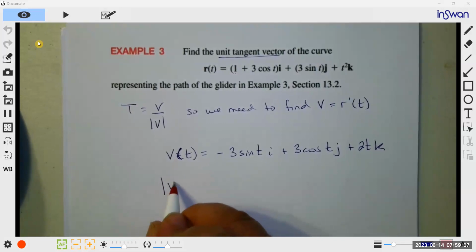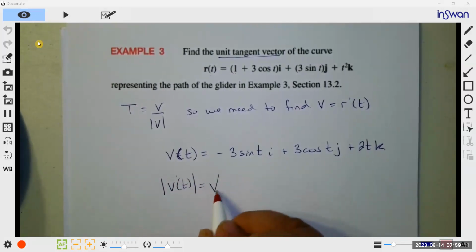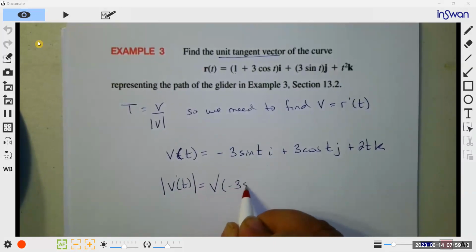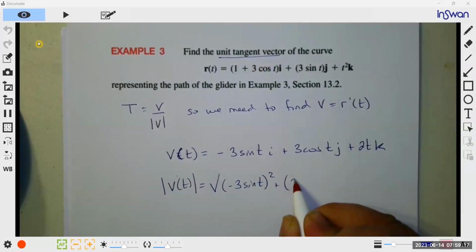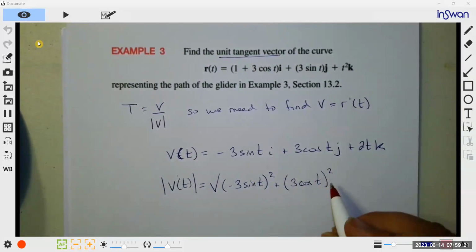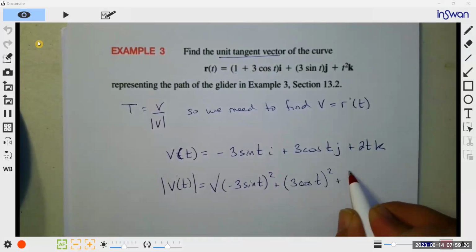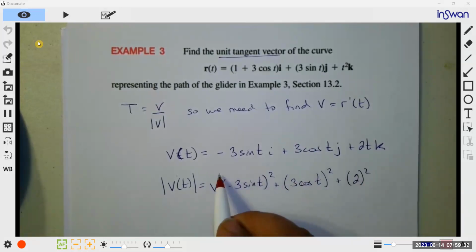Now we've got to find a magnitude. Negative 3 sine t squared, 3 cosine t squared, plus 2 squared.